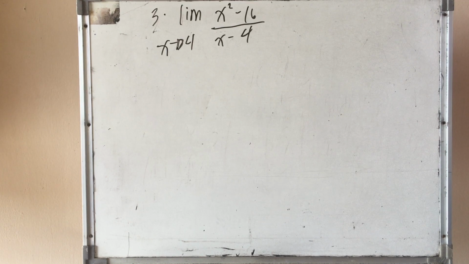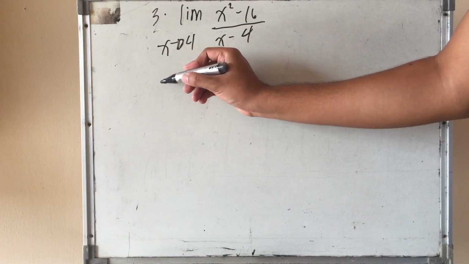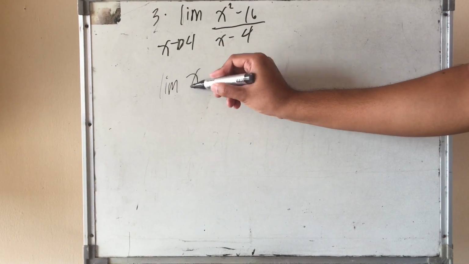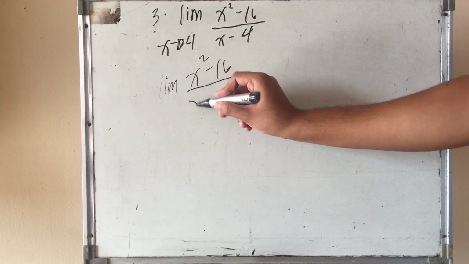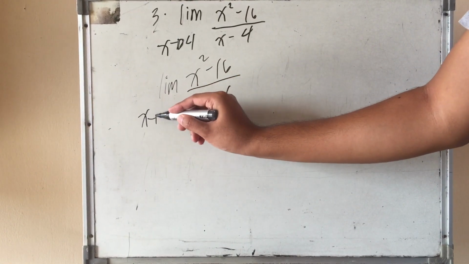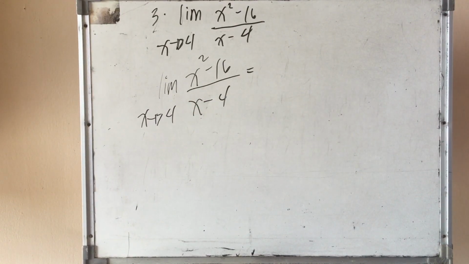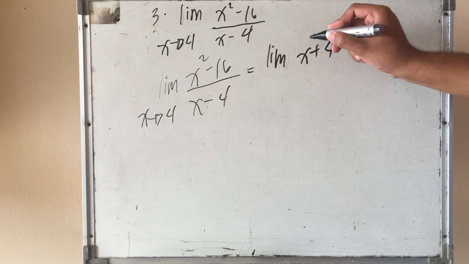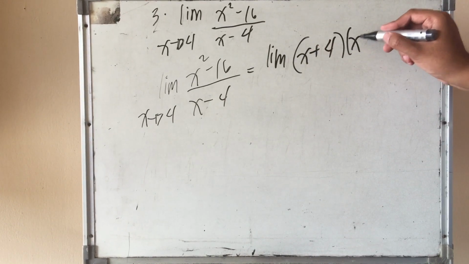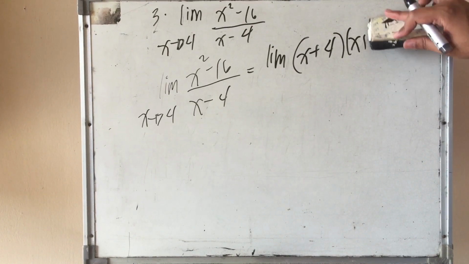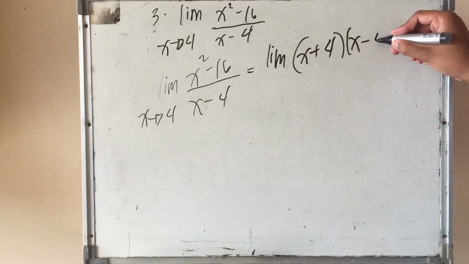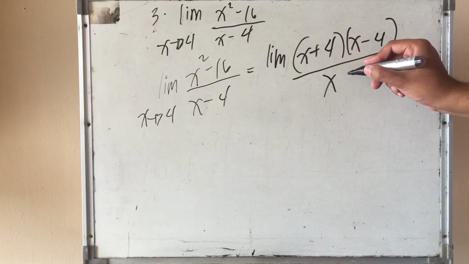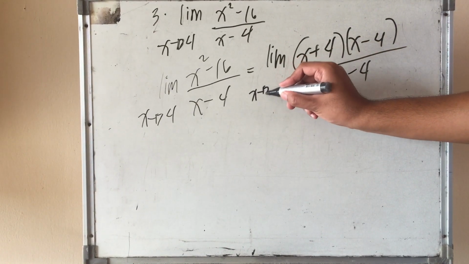So to evaluate the limit, we can simplify the expression, then evaluate the limit. Solution: the limit of x squared minus 16 divided by x minus 4 as x approaches 4. We can factor the numerator. So this is equal to the limit of x plus 4 times x minus 4 divided by x minus 4 as x approaches 4.